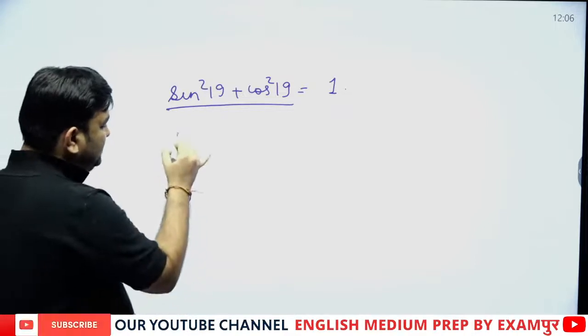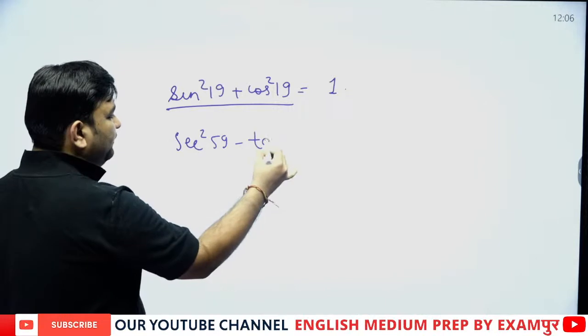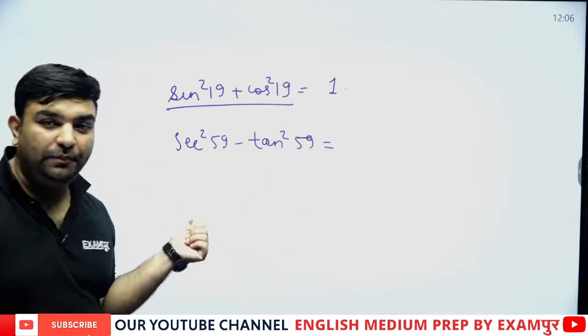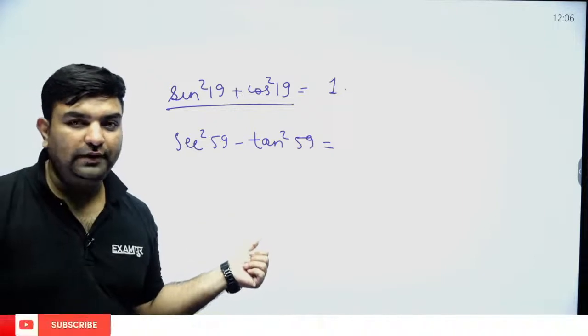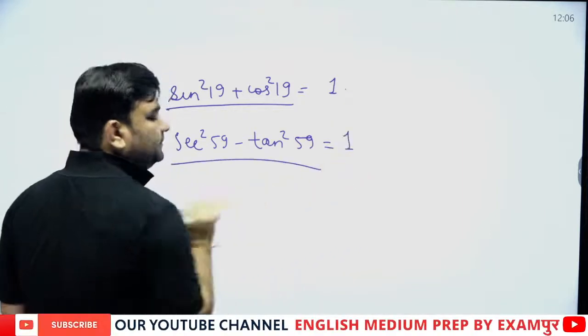Similarly, when I ask you, what is sec square 59 minus tan square 59? Neither do you know the value of sec 59, nor of tan 59, but you know this is an identity, so this is going to be 1.